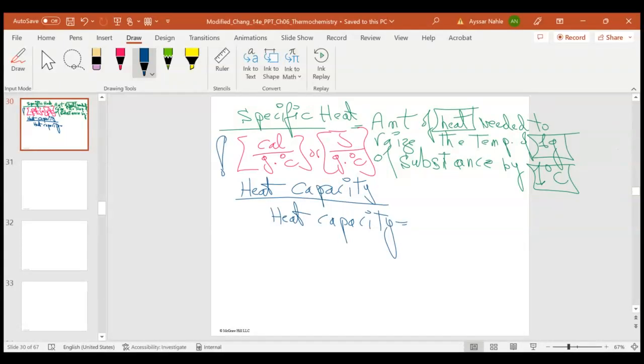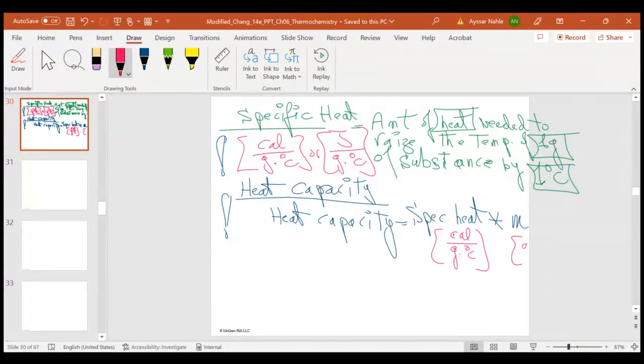Now, another thing that you have to memorize. So that's one thing you have to memorize. The other thing you have to memorize is that the heat capacity is equal to specific heat multiplied by mass. As simple as this. Specific heat multiplied by mass. Now, the specific heat unit is, let's say, calories per gram per degree Celsius.